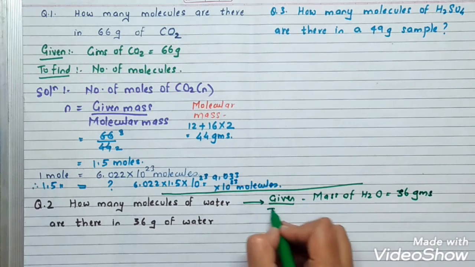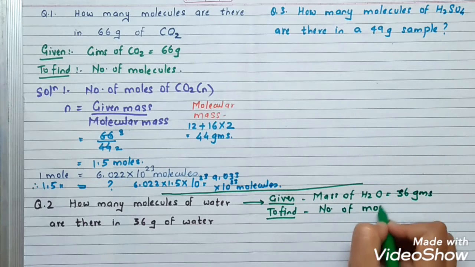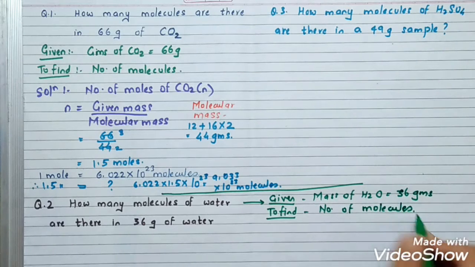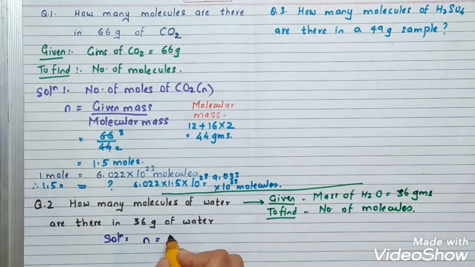Again, we have to find the number of molecules of water. So, use the formula. Our formula is, here I am writing the solution, N is equal to given mass upon its molecular mass.